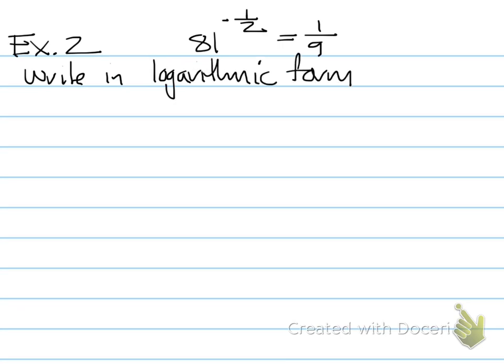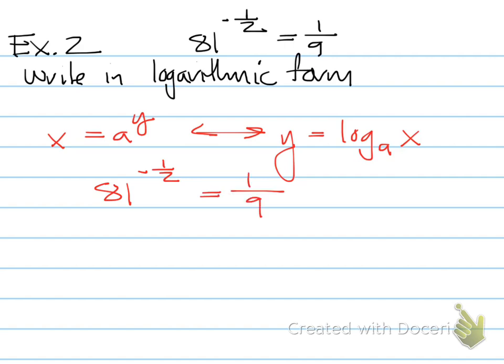Alright, now we want to do the opposite. Write this in logarithmic form. So we can go ahead and write log base 81, since 81 is the base of our exponent. The base of the exponent will be the base of the logarithm. So log base 81, and we're just going to flip the two numbers. 1/9 will go to the left side now, and the negative 1/2 will go to the right side of the equation.